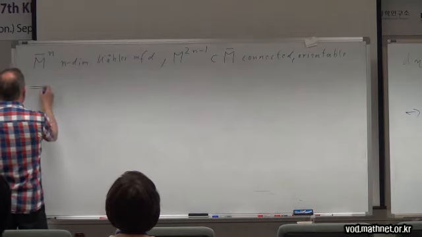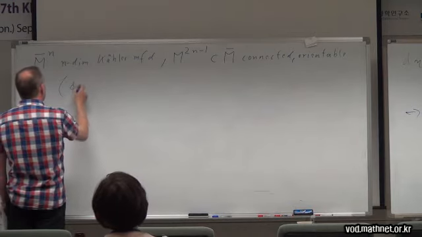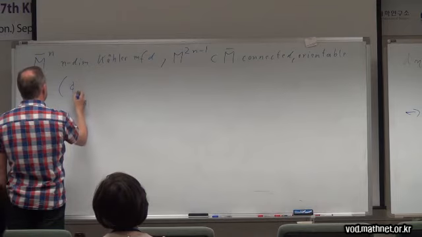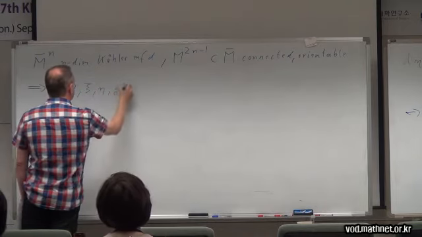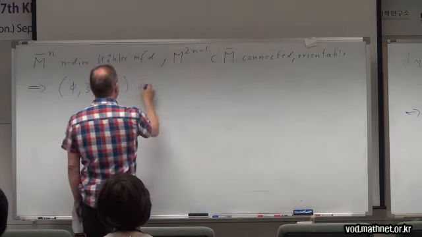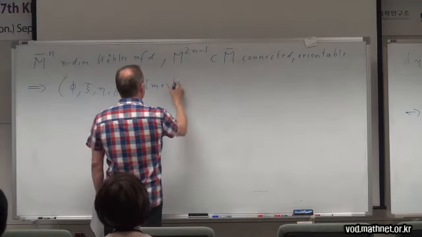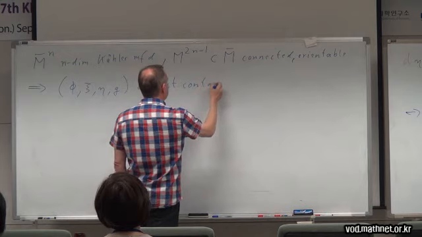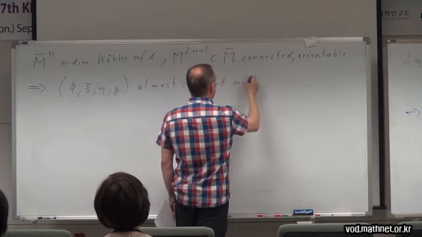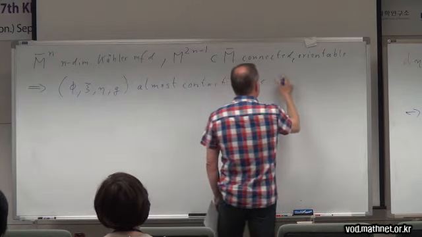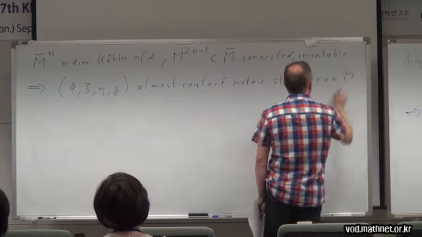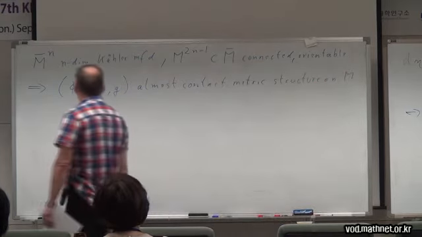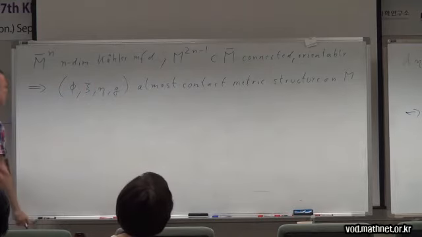So then what we get, as Professor Perez mentioned this morning, is an induced almost contact metric structure on M. So how do we get this?